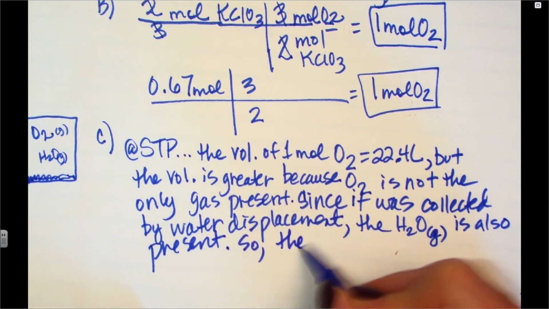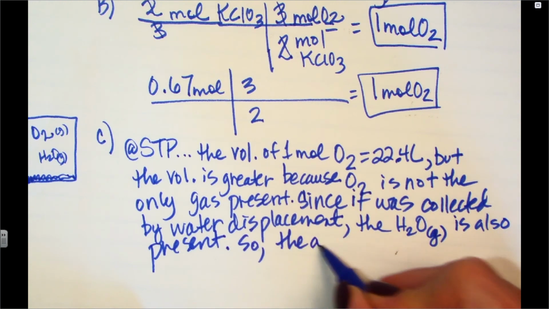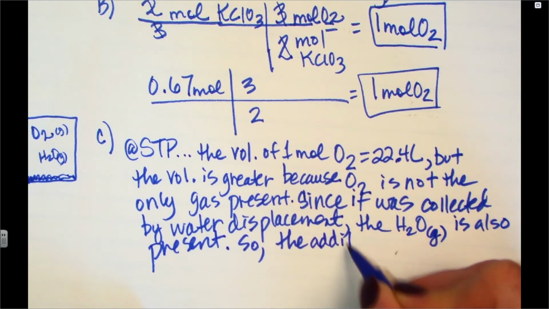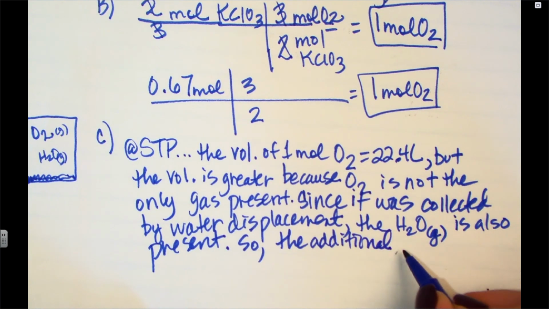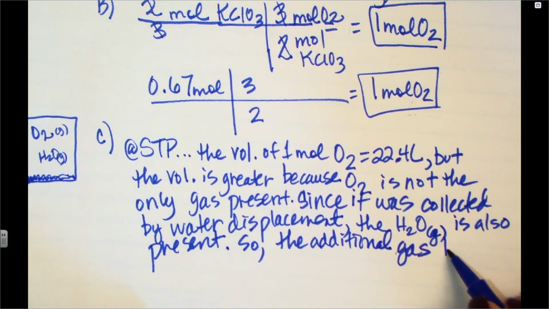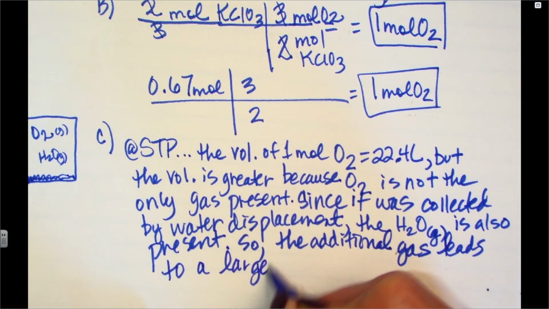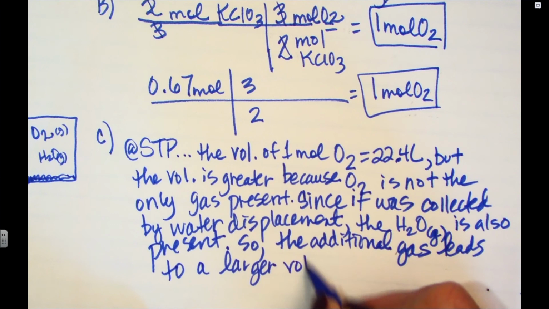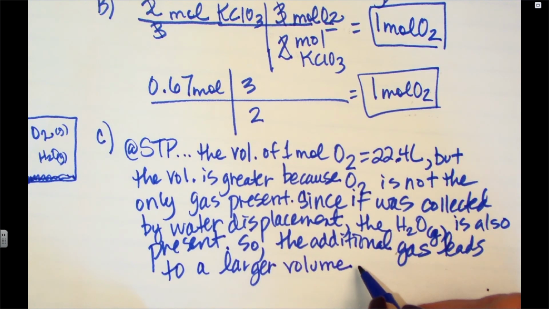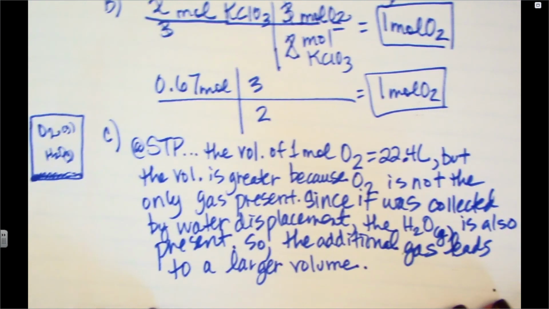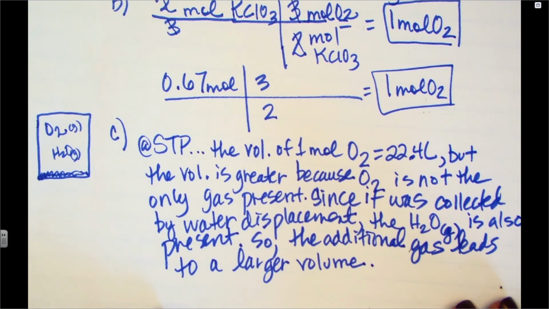So the additional gas leads to a larger volume. Basically, it's because there's more than one gas there. It's not just one gas. Okay, so that would be a sufficient answer for part C.